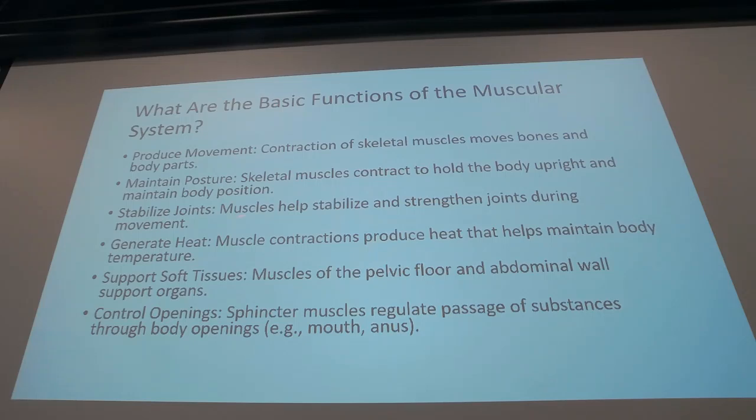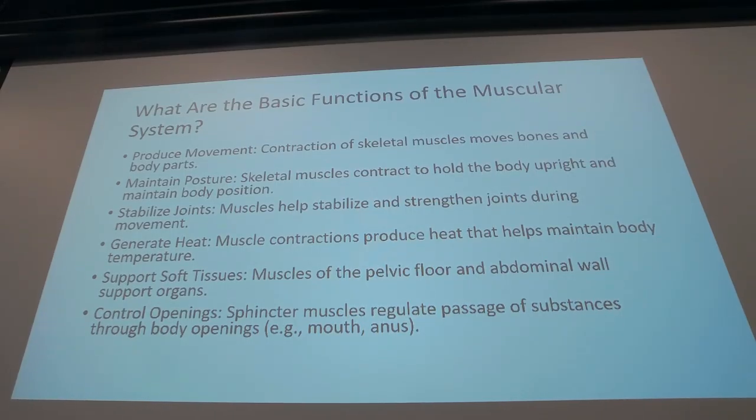Now, another function of the muscles is to help us to maintain posture. We have our back muscles that are constantly contracting so that we can stand still. And then they stabilize joints. Of course, we can produce movements when we contract our muscles, but we have in human behavior certain movements that we have to perform.